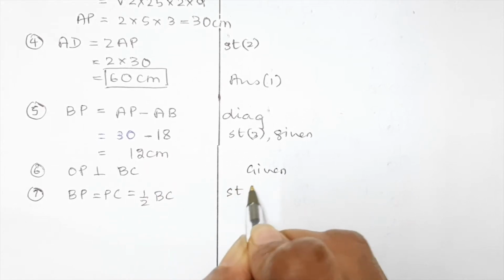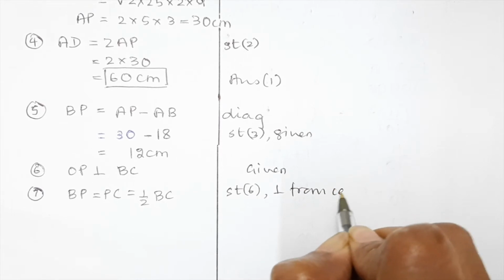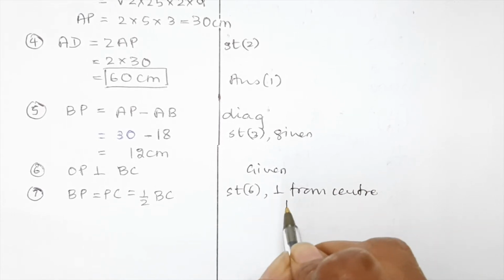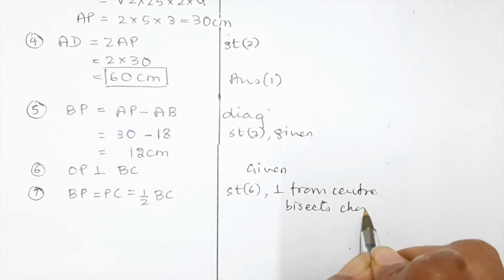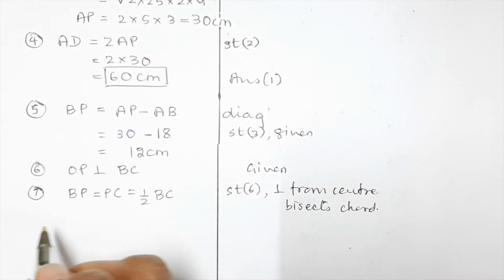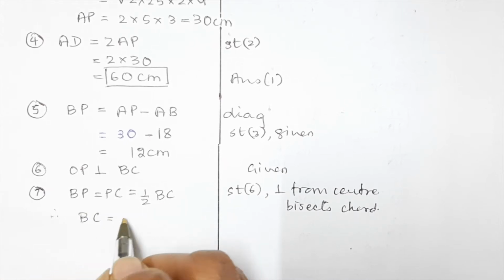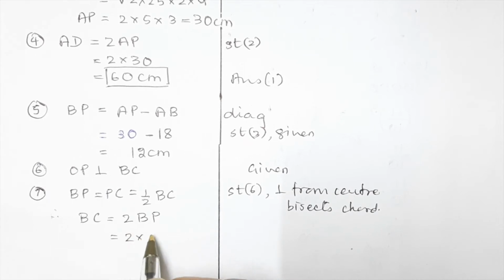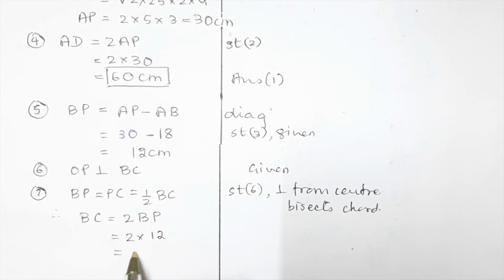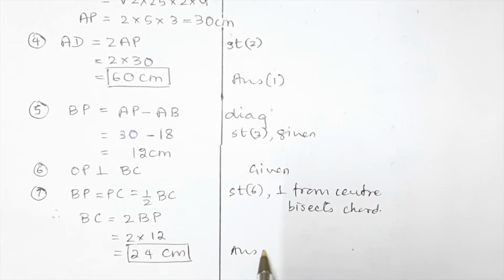This will be from statement 6 and perpendicular from center bisects the chord. Alright, so therefore BC will be equal to 2BP, which is 2 into 12, which is 24 centimeter, and that becomes our answer 2.